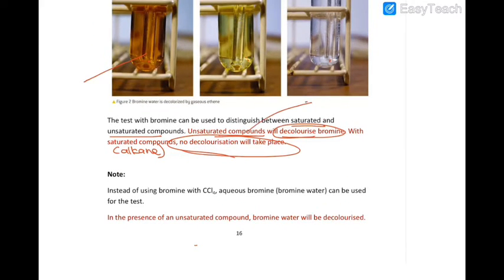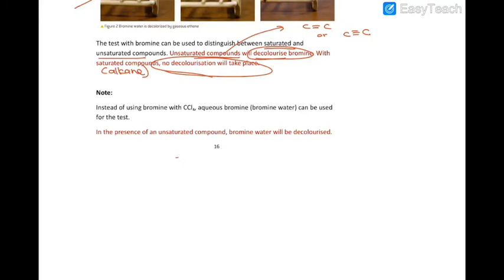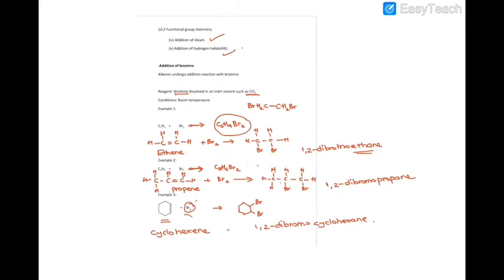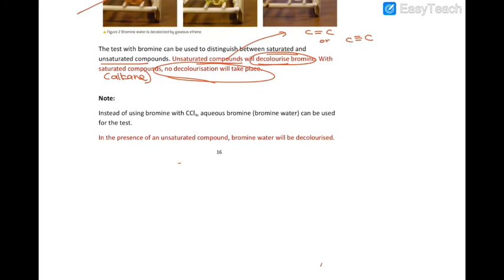When I'm saying unsaturated compound, it could be a double bond or it could be a triple bond. Now, here we said that we're going to use bromine dissolved in CCl4. Instead of using CCl4, we can also use bromine water. That's aqueous bromine, that is bromine dissolved in water. This can also be used, and you will see the same observation.